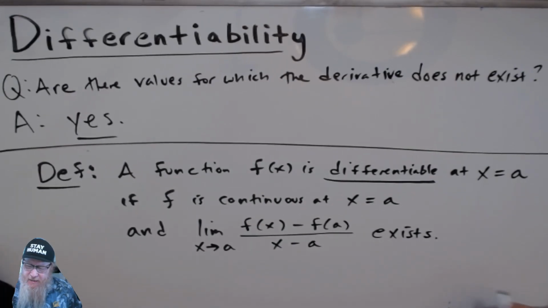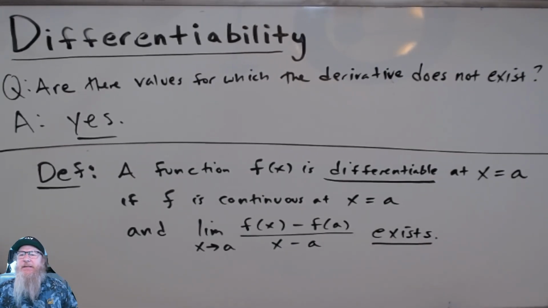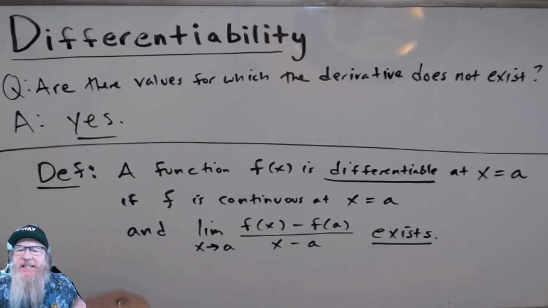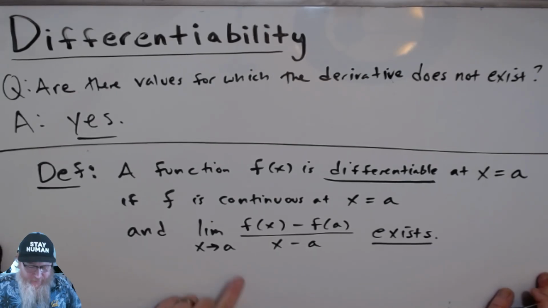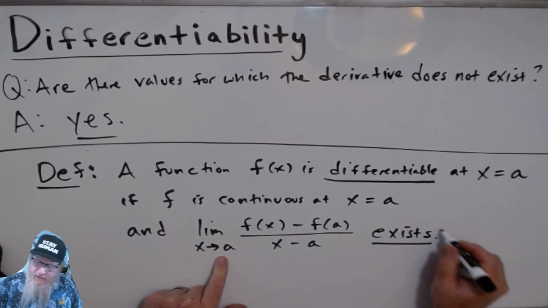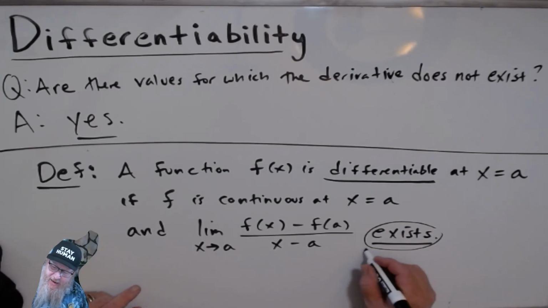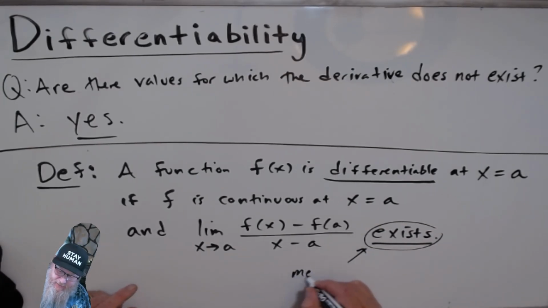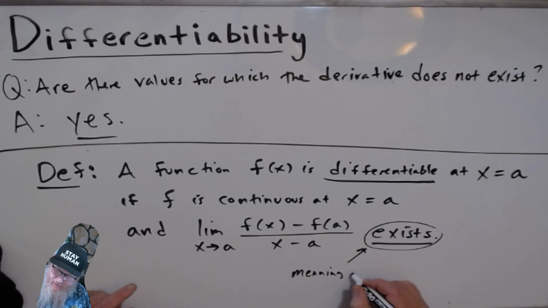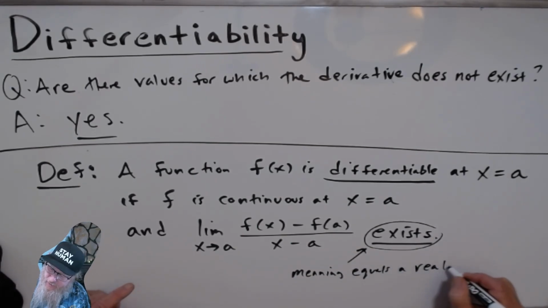Okay. And when I say exists, I mean the pure definition of existing that we discussed at the beginning of the semester when we first developed the concept of a limit. All right. So again, what do I mean by that? We mean the limit equals a real number.